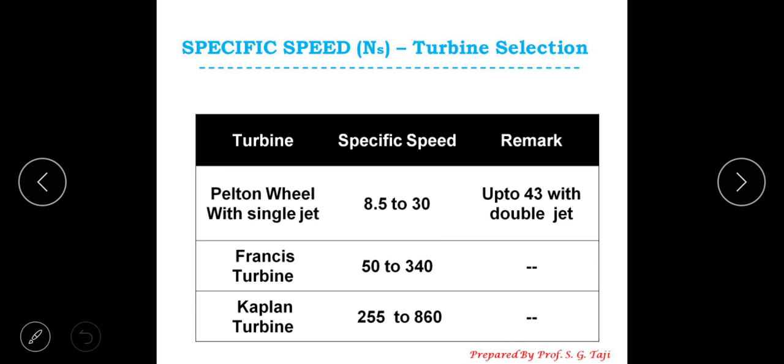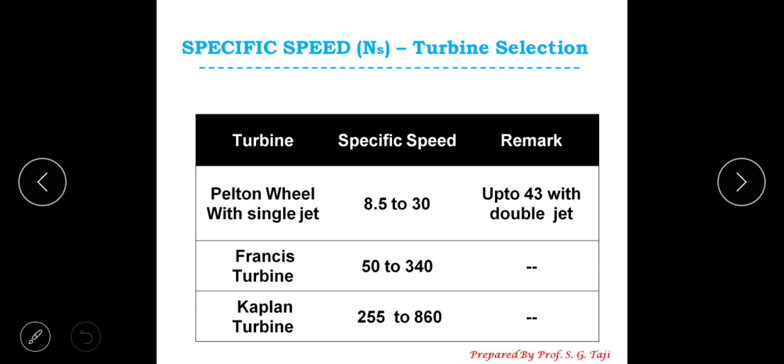Turbine selection, we have already said in the second class perhaps, is also based on specific speed, apart from head, direction of flow, etc. For Pelton wheel, specific speed is 8.5 to 30, up to 43 with double jet; this is for single jet. Francis turbine 50 to 340, Kaplan turbine 255 to 860. We can classify.